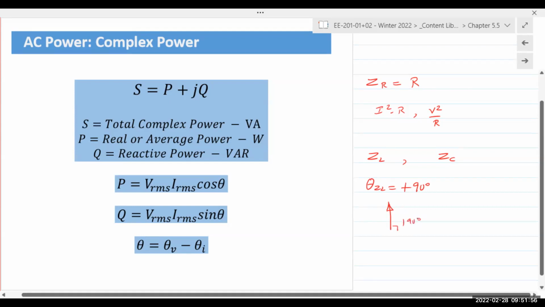Whereas ZC has a phase angle of minus 90, which is pointing down.